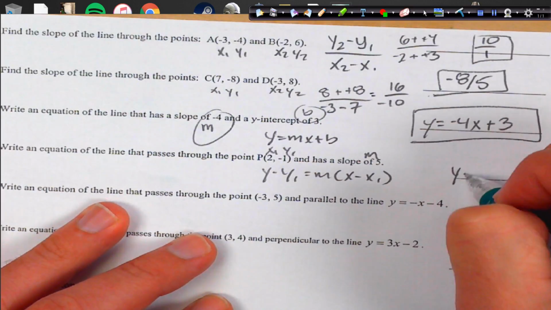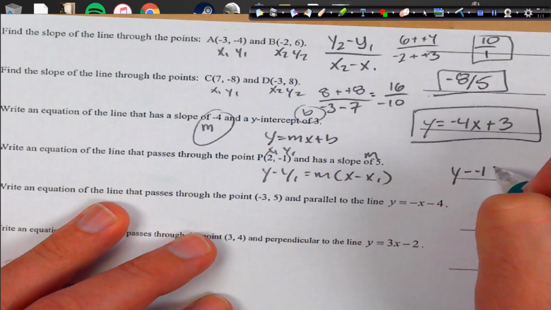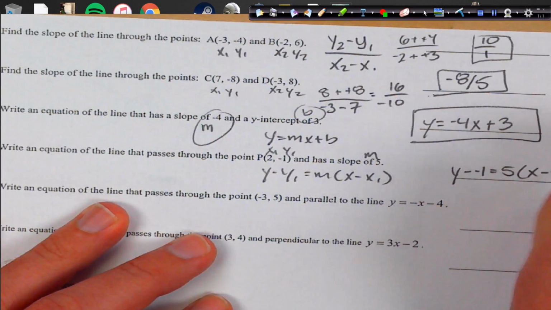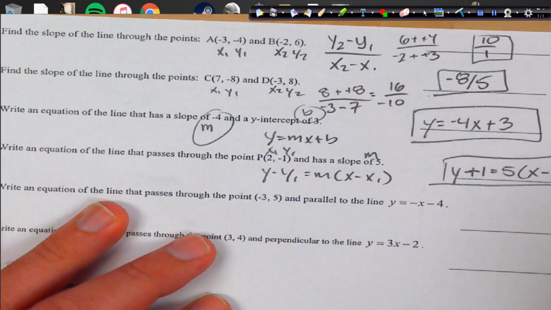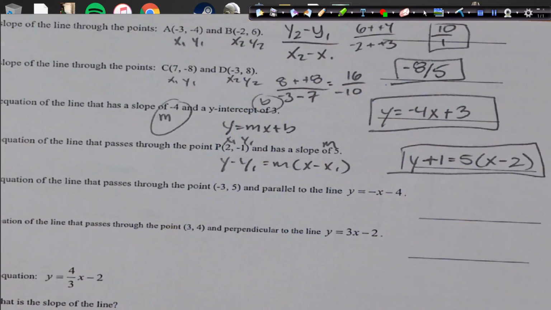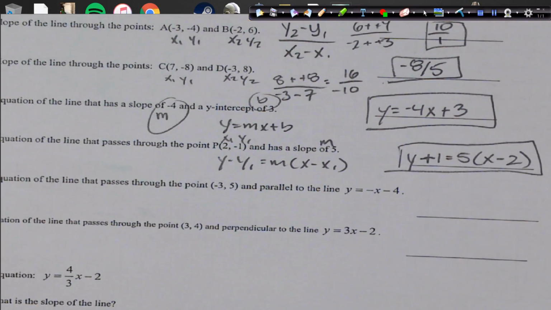So we get y minus a -1 equals the slope of 5, x minus 2. 2 negatives makes this into a positive, and we are done. Oops, can't see that, sorry about that. But we plug those in the appropriate locations.